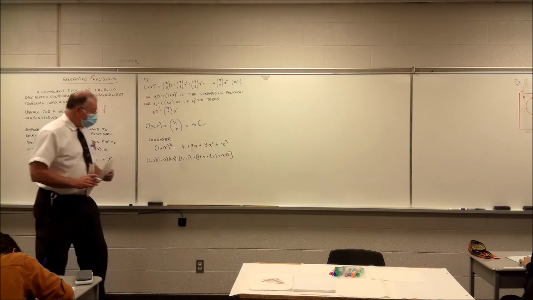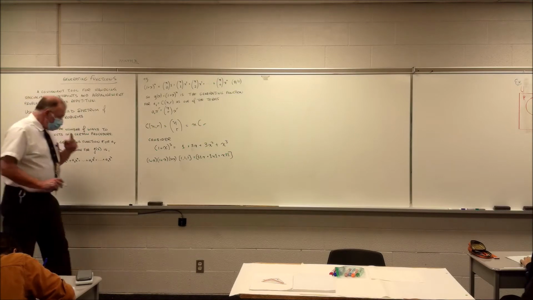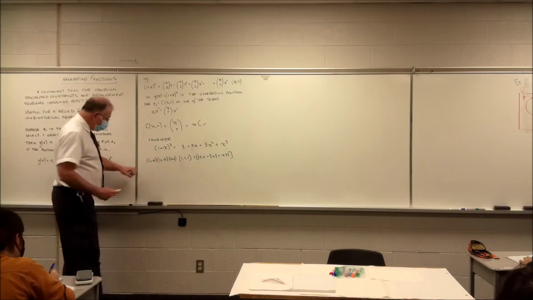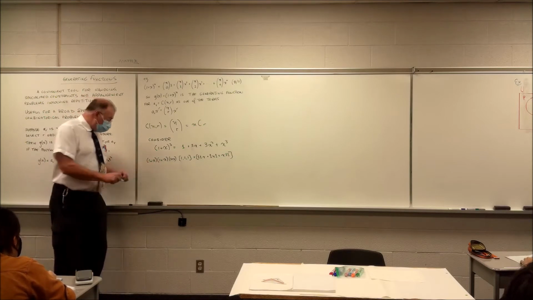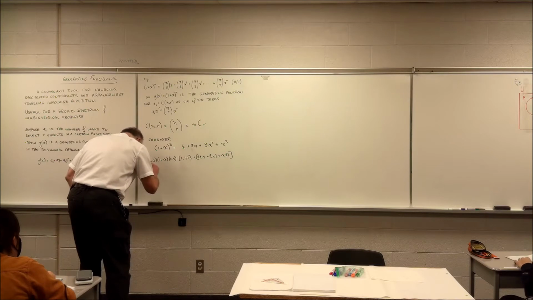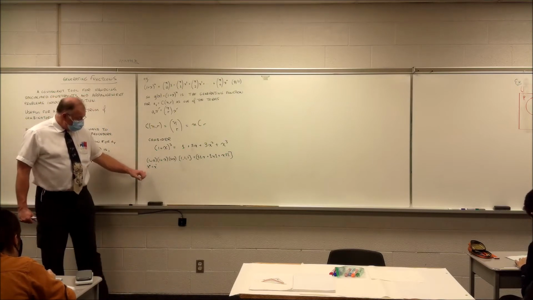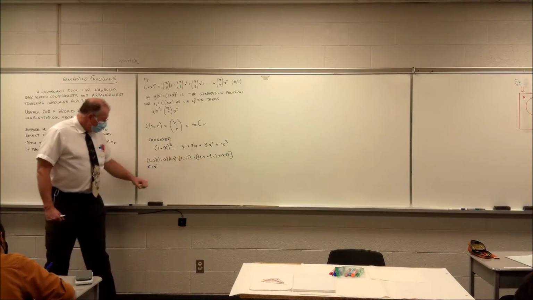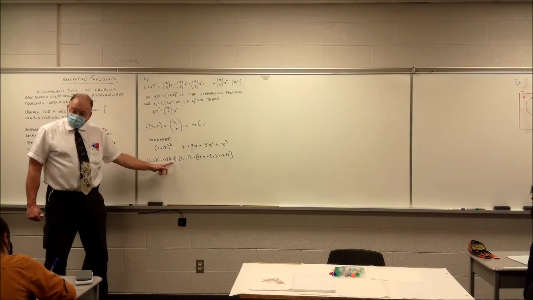So to generate an x, we have to pick from this one, and this is x to the 0 plus x to the 1, right? So we're going to choose to make an x. If we choose the x from this one, then we have to choose 1s from these two, right?